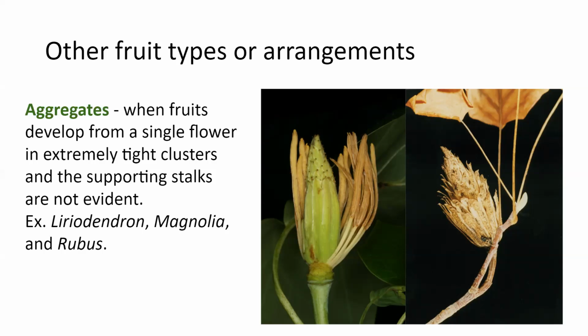More on that later. We're going to talk lots about flower and fruit morphology. On the right, you can see those male parts have fallen off and you're left with this aggregate of samaras. This all developed from a single flower. If you think back to the flower on a previous slide, it's a single flower that developed into this aggregate fruit.